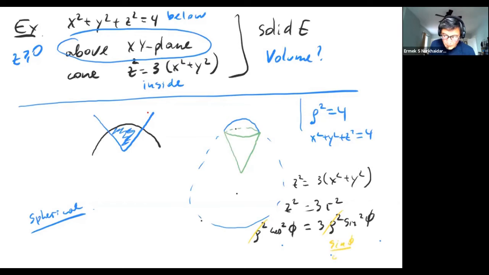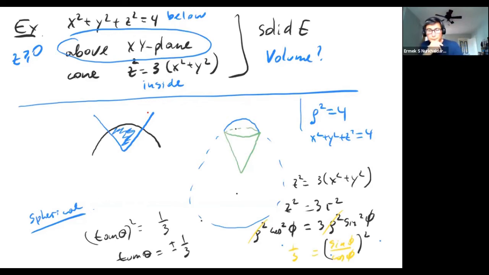Sine phi over cosine phi, squared. So we're going to get tangent phi squared equals 1/3, so tangent phi equals plus or minus square root of 1/3.